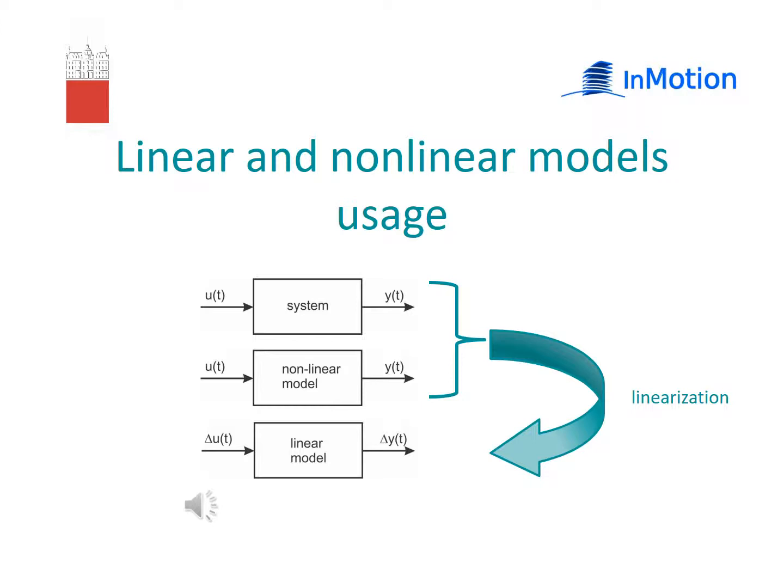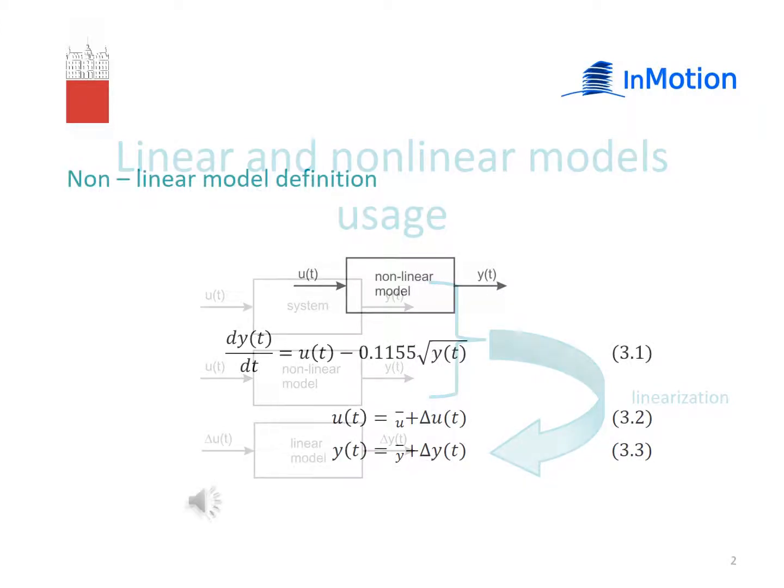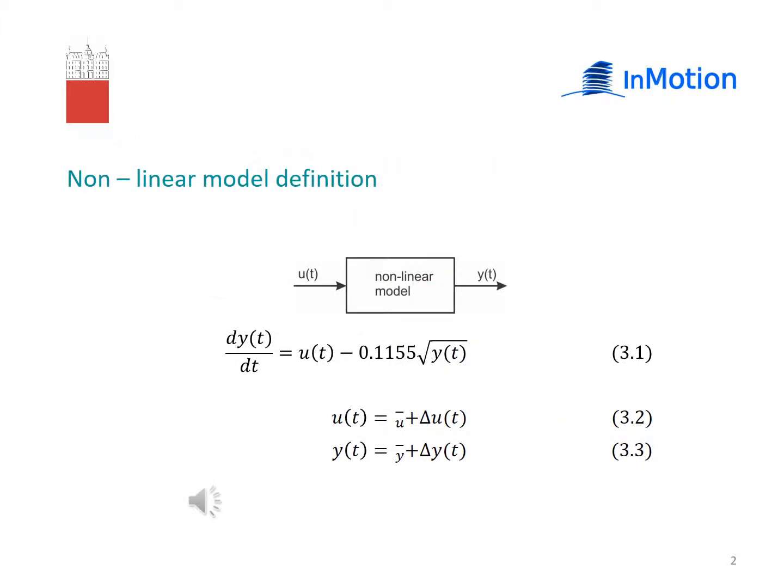There are many procedures which can be used to generate a linearized model from a nonlinear one. Let's present one possibility, which is available also in the Simulink and MATLAB program environment. Let's first define a mathematical model of a nonlinear system as given with equation 3.1.